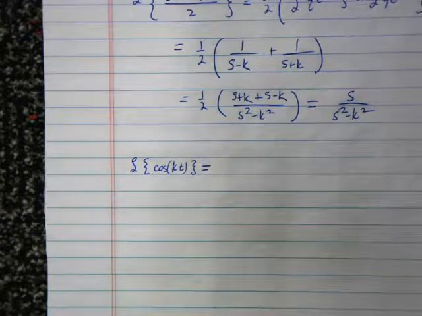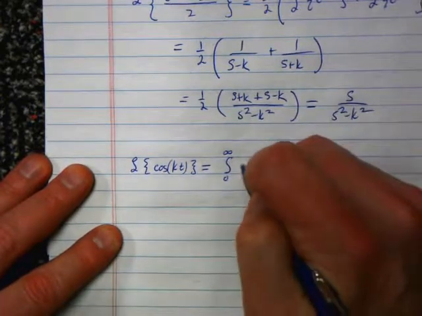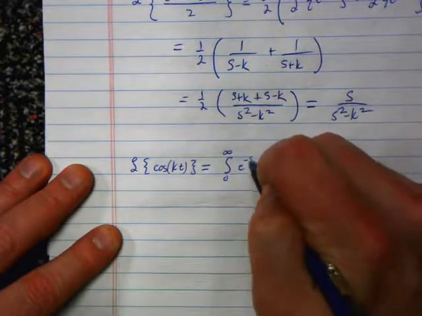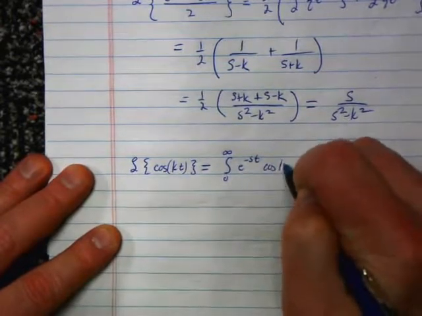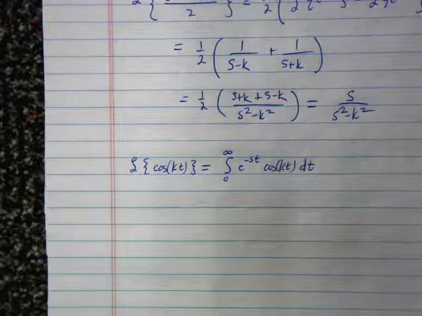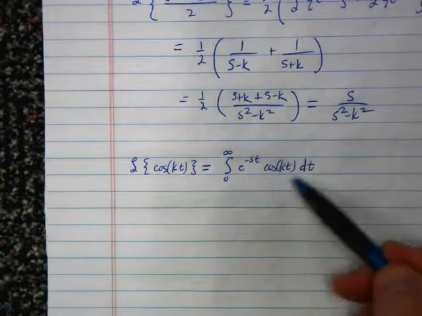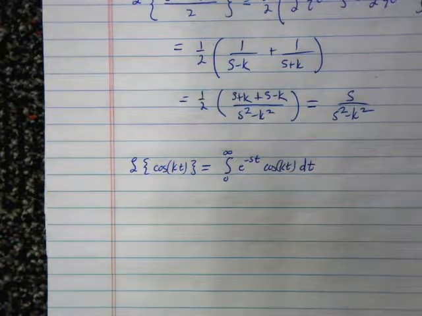Well, you have two choices. Choice number 1 is to write it out: the integral of e to the minus st cosine of kt dt. Unfortunately, this is once again an integration by parts problem, which loops around on itself. Those are a real big pain in the neck, as I recall from my days in Calc 2.